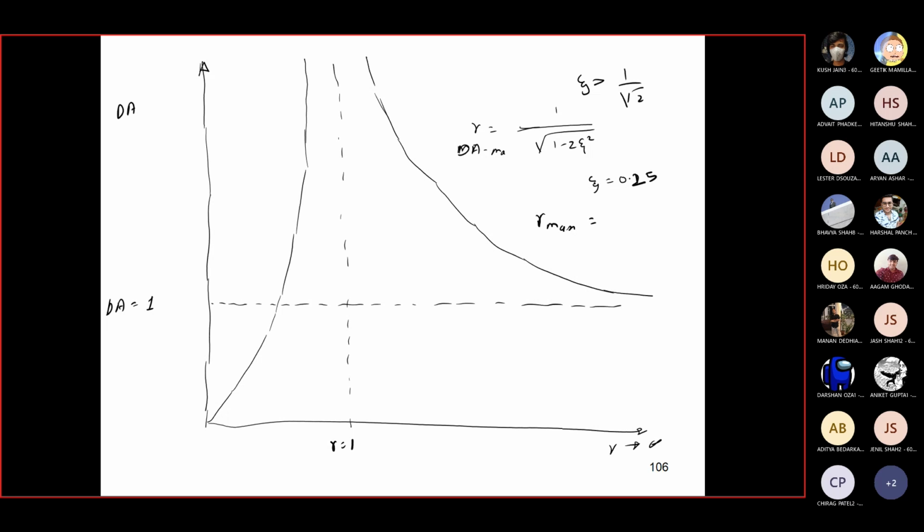Just substitute zeta equal to 0.25 in this and tell me the value of R. Make a table of zeta and R. The first value is 0.25, the second value is 0.5. Tell me the values of R.